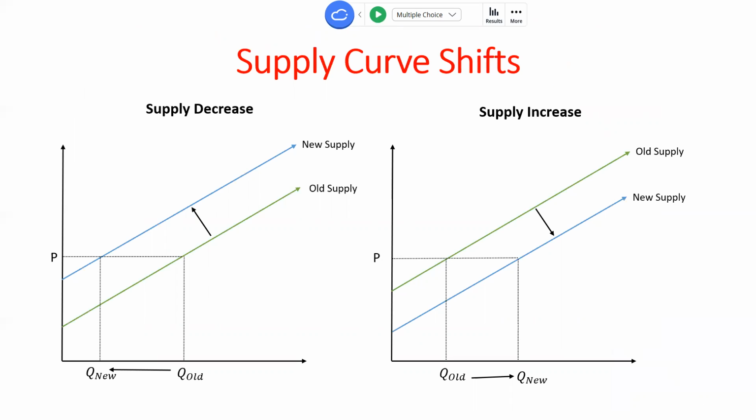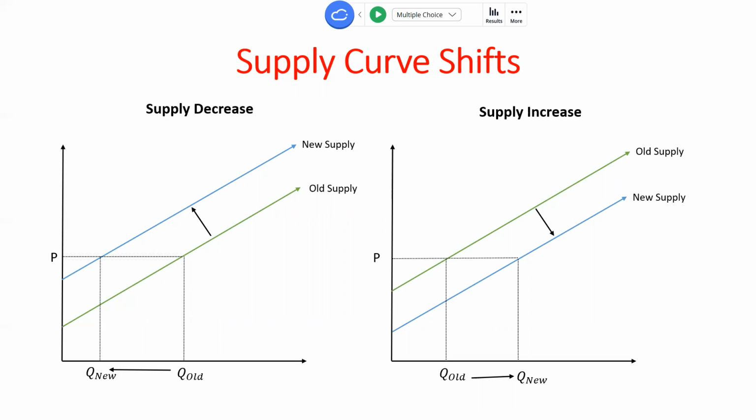So with a decrease in supply, just to see it work through, it works the same way. It's just that now at any given price, we think about if we had fewer suppliers. So maybe here's my original supply curve.